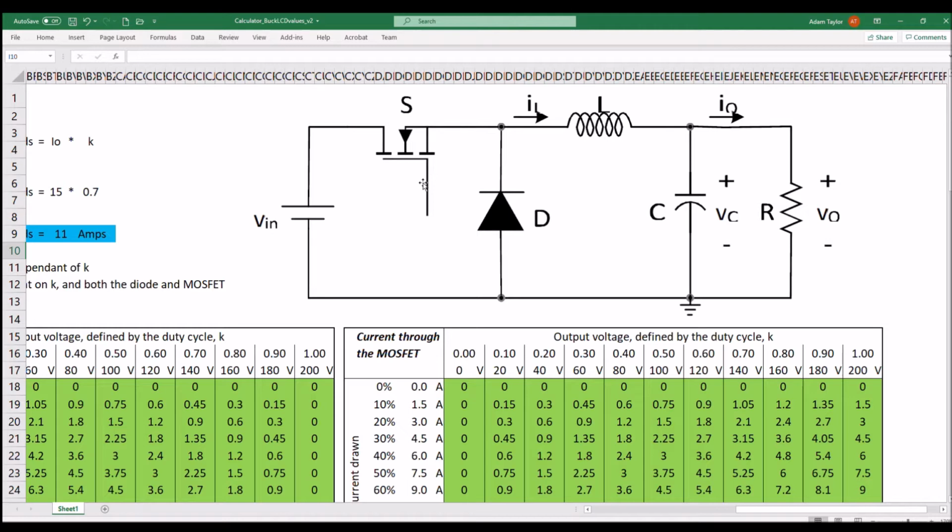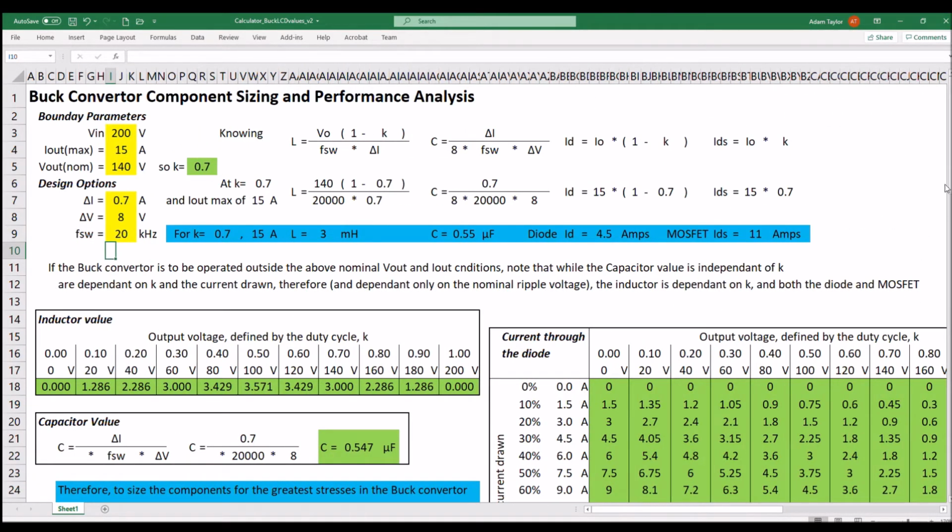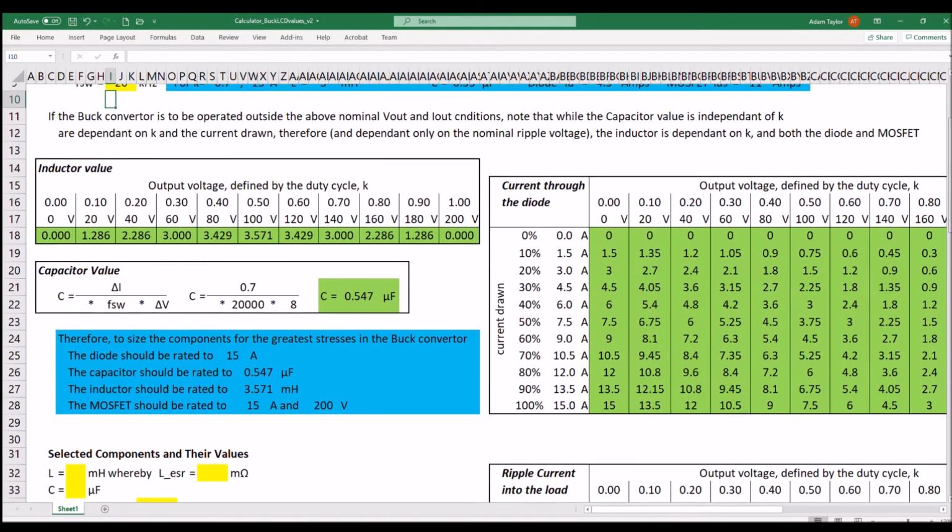If the duty cycle was 0 and this was effectively turned off, this MOSFET needs to be able to handle a voltage across it of our supply voltage, in this case 200 volts. So let's pop back down over here, and that's what we have down here.